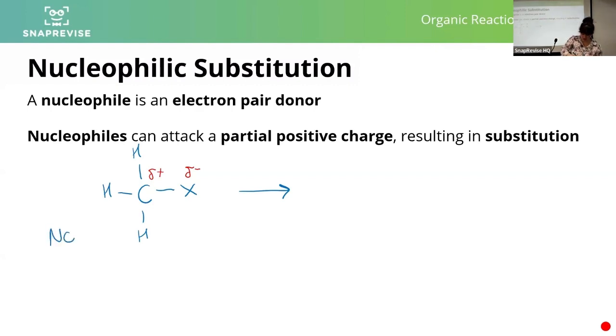I'm going to call my nucleophile Nuc, and I'm going to give it a full negative charge. Not all nucleophiles have a full negative charge, because ammonia, NH3, can act as a nucleophile and it doesn't have a full negative charge. But in this case, just for simplicity, I'm going to use an example with a nucleophile that has a full negative charge, like hydroxide, for example.